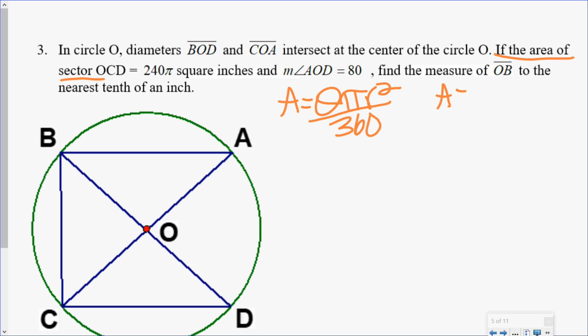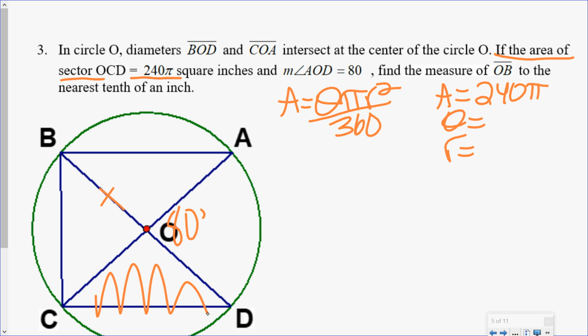A is 240 pi. AOD is 80. It wants the measure of OB. OB is a radius. It said that OCD, that's this one, is 240 pi.